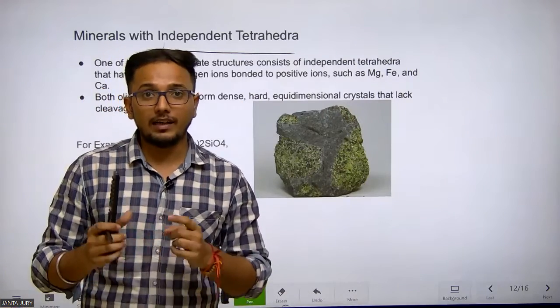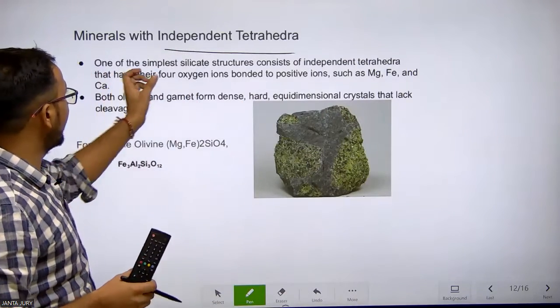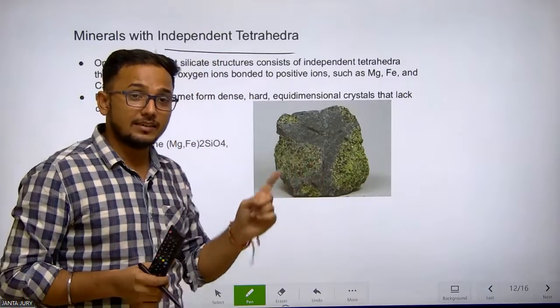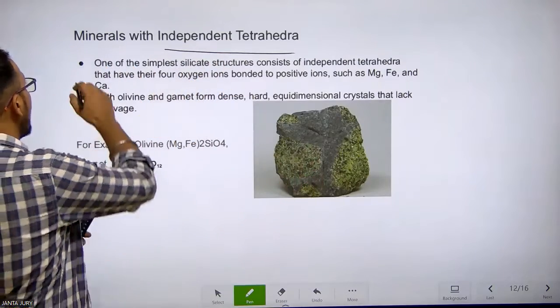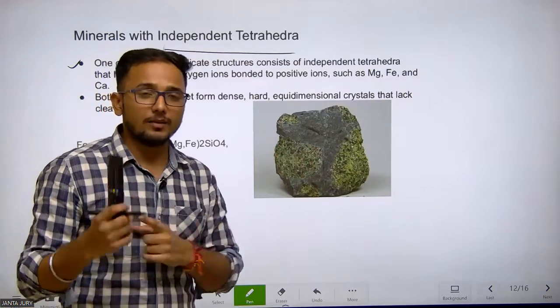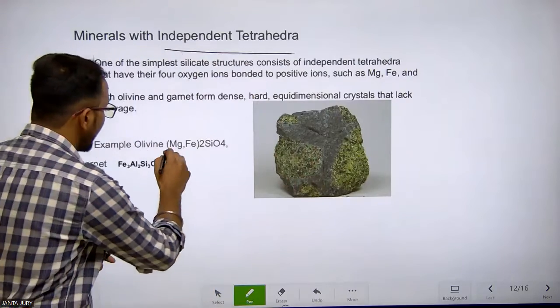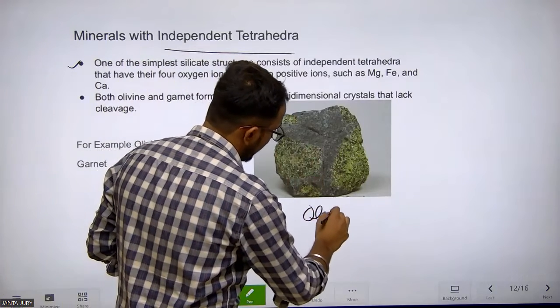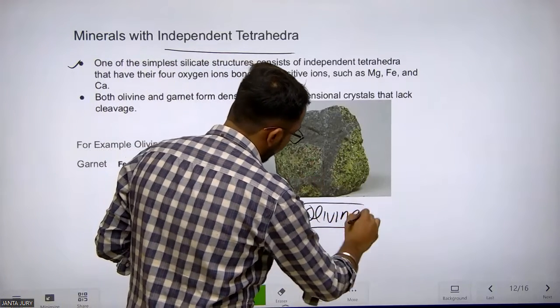A silicon oxygen tetrahedron by itself can be electrically stabilized by making bonds with other metals, like magnesium and iron. So this is olivine, green olivine.